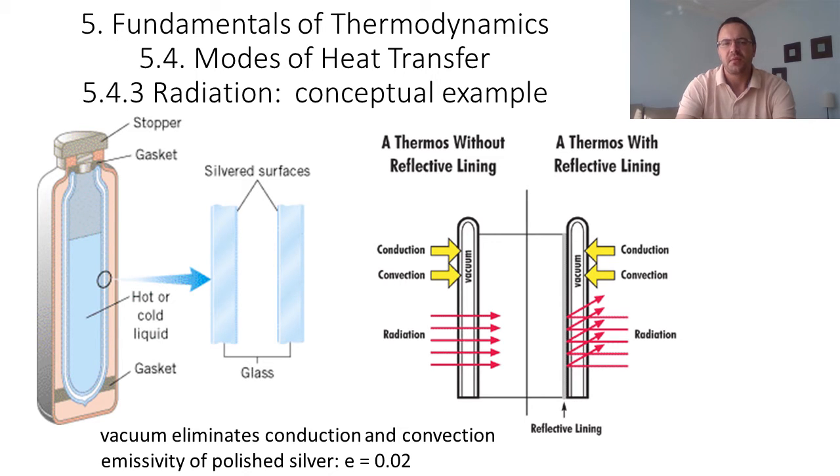And so for this, the thermos bottles have a silver coating, and the silver has a very low emissivity, so it will limit the heat transfer by radiation. At the same time, silver is highly reflective, so all of the radiation from the outside will be reflected towards the outside, and all of the radiation from the liquid will be reflected towards the liquid.